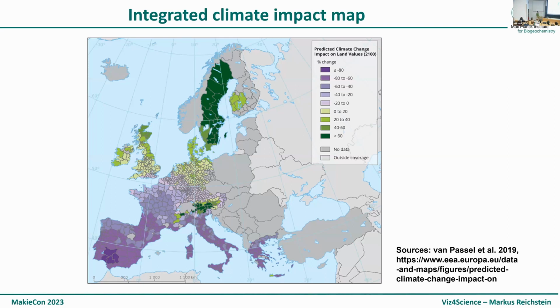Last but not least, one thing that I just looked up this morning. Of course, maps are also quite important for visualization in our field. And this is actually also quite a nice one because it's an integrative map of climate impacts. It's about how land values, mostly agriculturally based, will change until the end of the century according to a certain climate scenario.